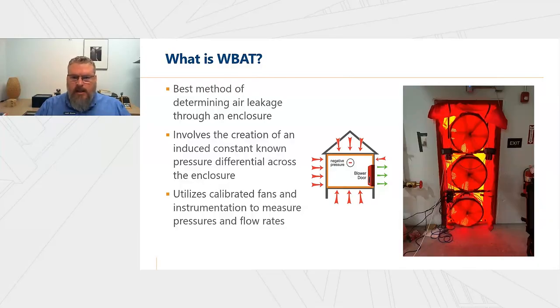And we're using some sophisticated fans. A lot of people think they just look like fancy box fans. They're all computer controlled, highly calibrated, and they're all interconnected.